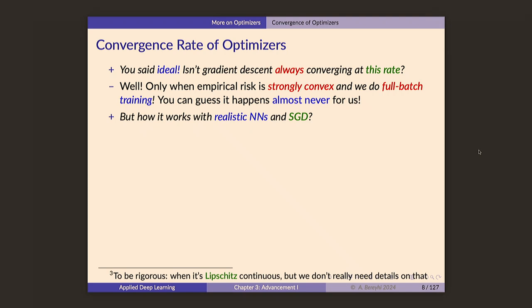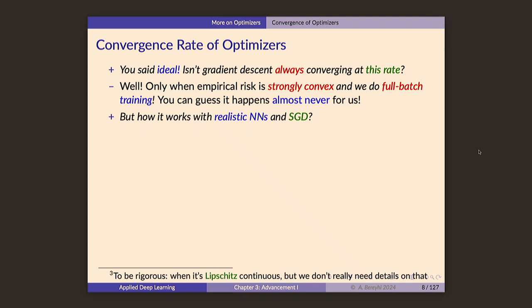So the only way that you could have this kind of nice property, linear convergence, is when your loss function, or that empirical risk, is strongly convex. This is one thing. And the other thing is that you're doing full batch training. And you very well know that neither of them is going to happen for you, right?